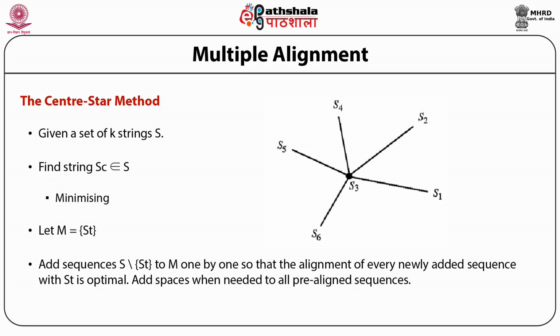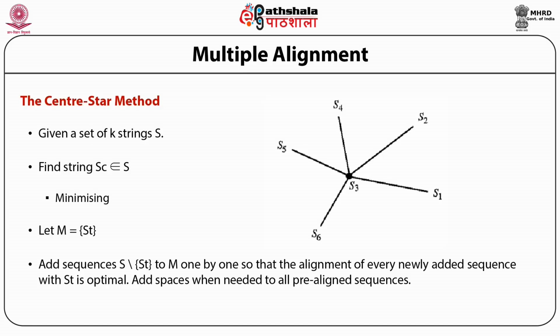Each time you're aligning, you can add spaces either to the newly added sequence or to every other sequence which is there previously. That's all you have to do. So the best alignment would be found. Now of course you can do this in different orders. You can pick up the sequences in any order you like. The best alignment would be for a certain particular ordering, and that is the one which you have to find.